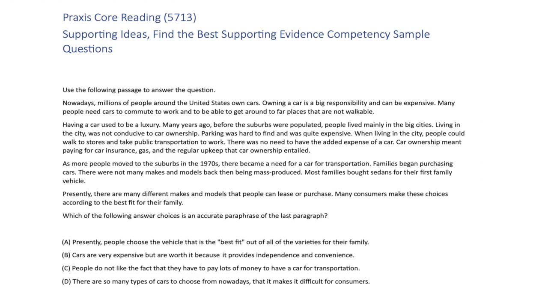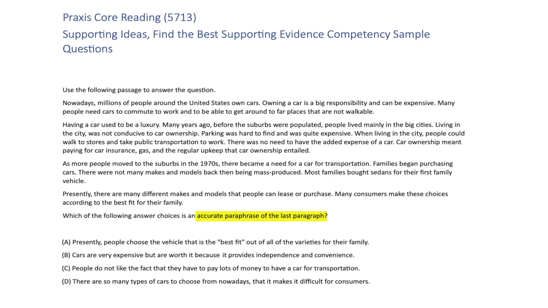B, cars are very expensive but are worth it because it provides independence and convenience. Or C, people do not like the fact that they have to pay lots of money to have a car for transportation? Or is it D, there are so many types of cars to choose from nowadays that it makes it difficult for consumers? Remember again that what we're looking for here is an accurate paraphrase of the last paragraph.